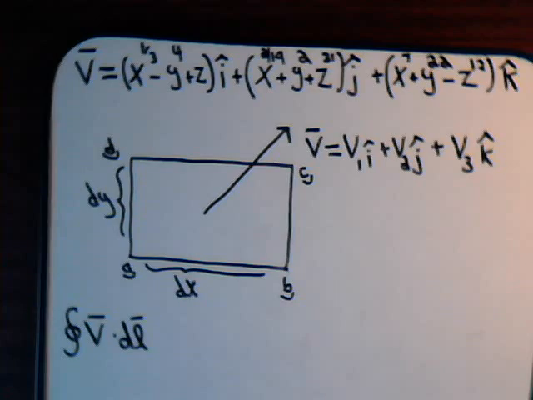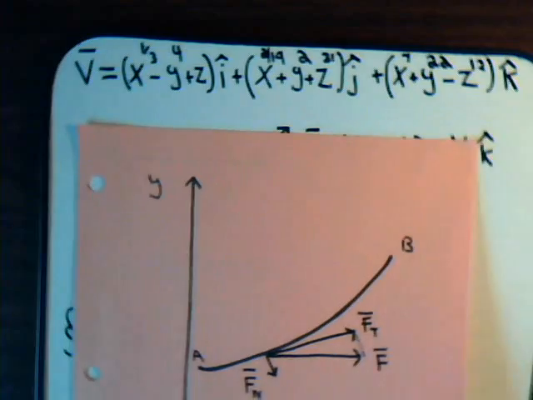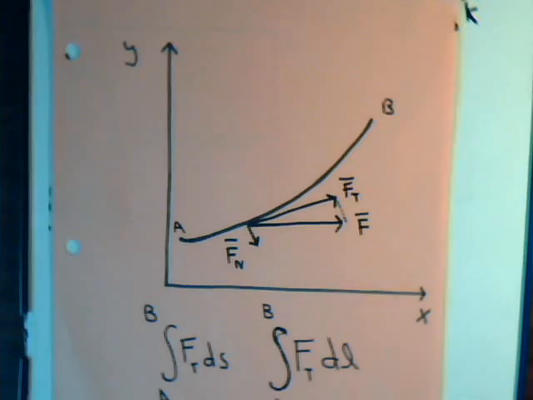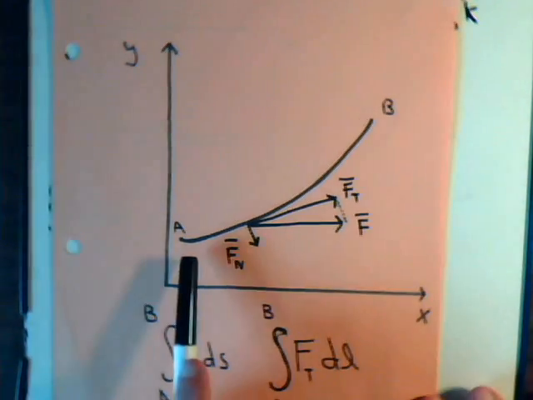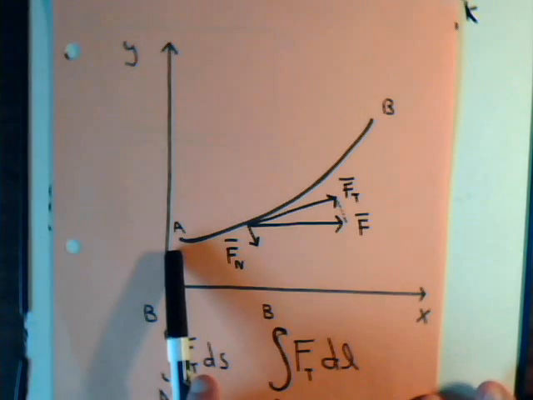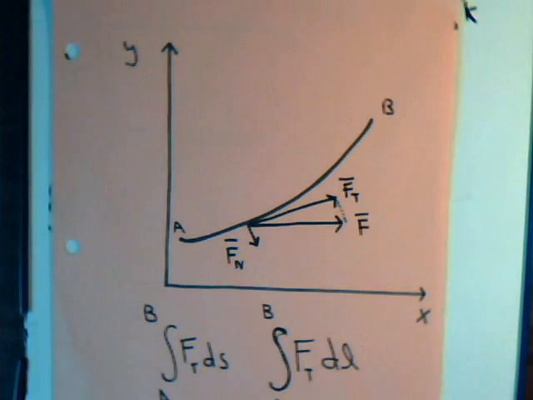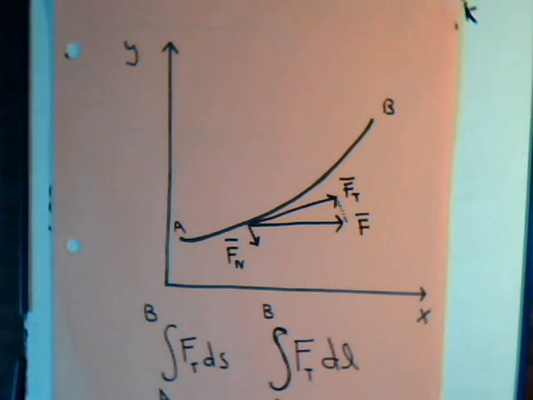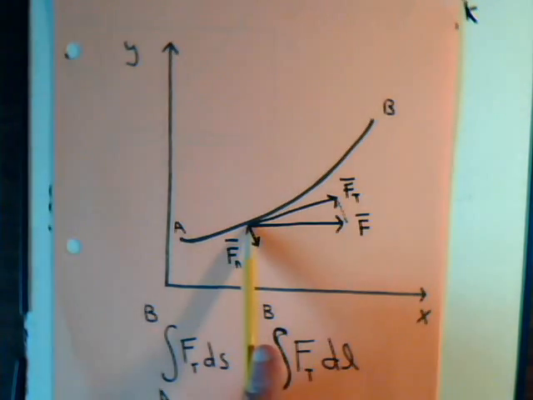And just to be clear about this, remember from our introductory video on line integrals, here it's just a two-dimensional case, but we had a curve AB in the xy plane, in some vector field that constantly varies in direction and magnitude. So, for example, here is a particular differential line segment on the curve, and the vector field has that magnitude in that direction.